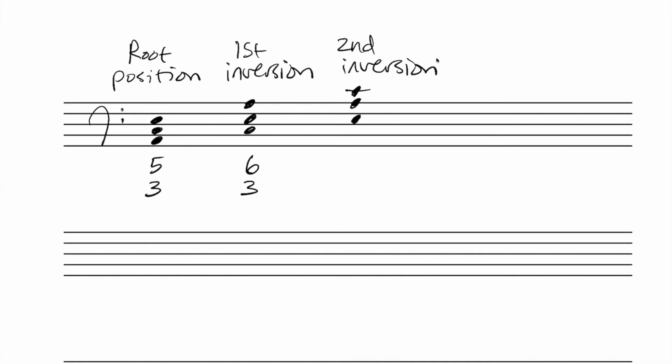Following this same logic, we call the second inversion figured bass 6-4. Why? Because there's a fourth and a sixth above the bass note, in this case E. There's our fourth, there's our sixth. 6-4.